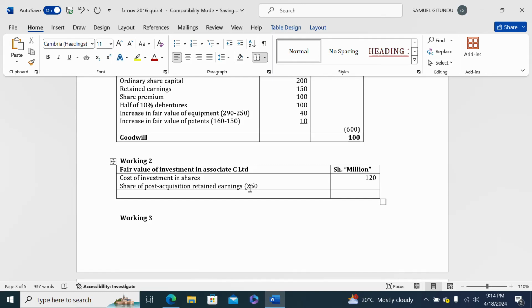Then you deduct the retained earnings which was there at the date of acquisition, which is 100.